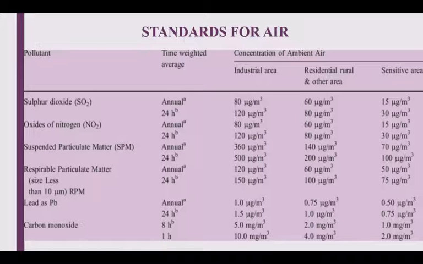So the concentration of these gases in ambient air is given, based on annual or hourly averages. It is divided into three areas: industrial area, residential and rural area, and sensitive areas. Sensitive areas include areas like hospitals, etc. So these values also you have to learn. The values are given in microgram per meter cube.